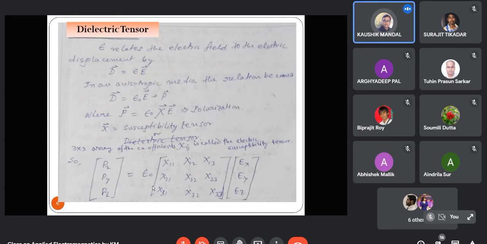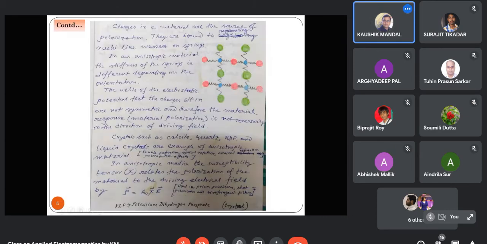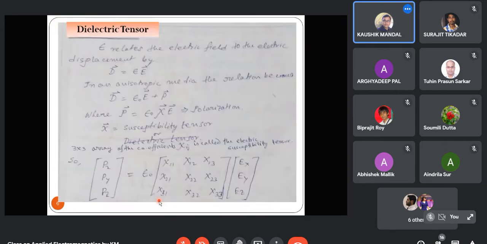As in the previous slide, we have seen that the induced polarization is related with the driving electric field by P equal to epsilon 0 xi E, where xi is the susceptibility and epsilon 0 is the dielectric constant. Instead of using the dielectric constant, we can represent it in terms of tensor form, that is the dielectric tensor. So next we are going to discuss the dielectric tensor.